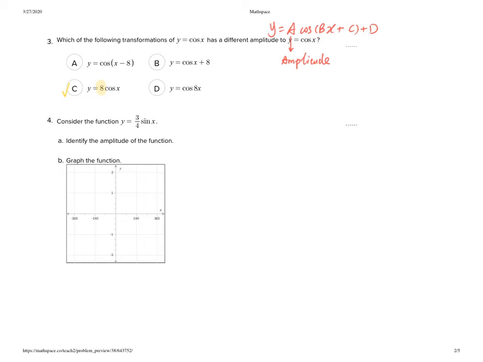Number 4, part A, they want you to identify the amplitude of the function, which is the number in front of sine, 3/4. When you graph the function, after you know the amplitude, you have to find the period, which is 2 pi over b. b is the number in front of x. I don't see a number here, so it's 2 pi over 1. The period is 2 pi. Look at this graph here.